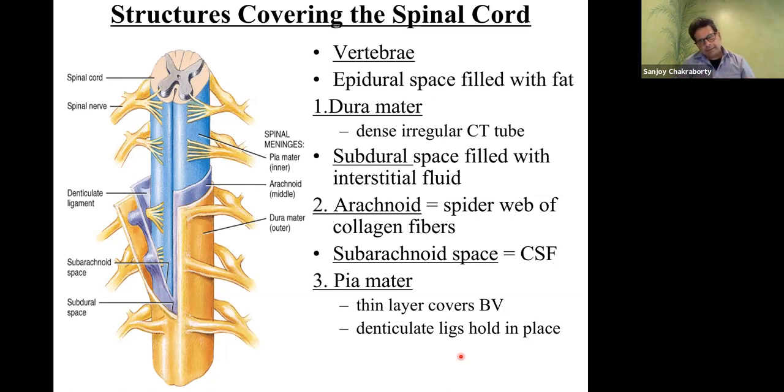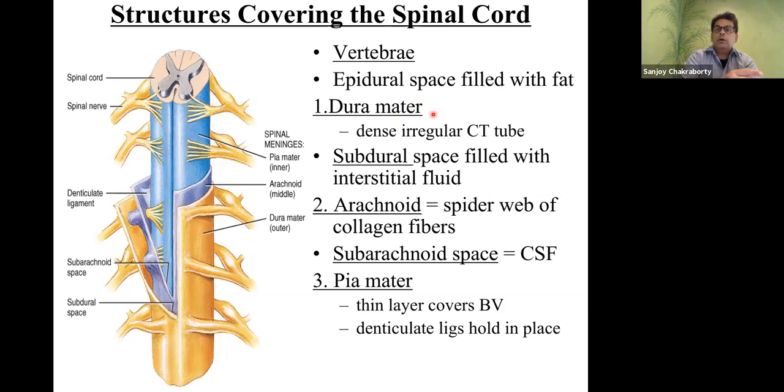In exactly the same way, the dura mater is outside, the middle one is called arachnoid mater, and the innermost layer is called pia mater. Now pay attention to the word mater. Mater came from the word mother. You cannot offer any better protection than a mother.